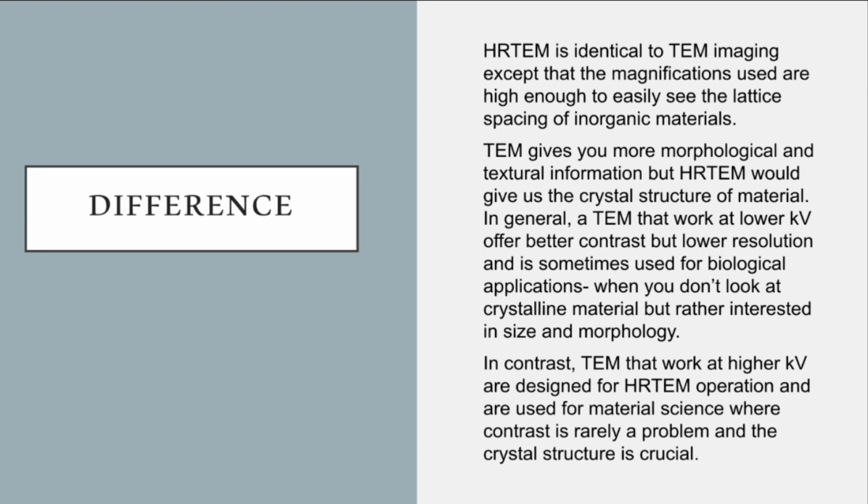So TEMs that work at higher kilovolts are usually designed for HR-TEM operation and are used for material science, where the contrast is rarely a problem and the crystal structure is crucial.